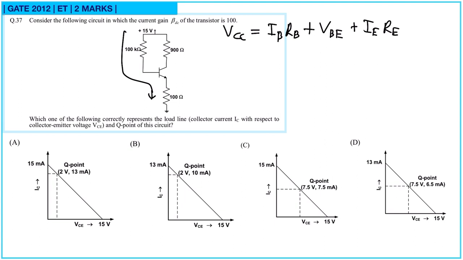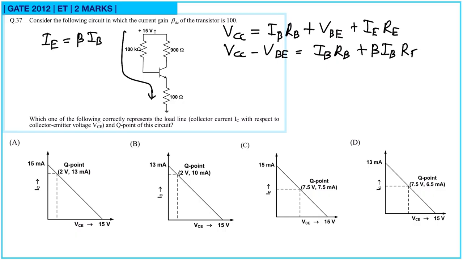And we can write IE is equal to beta into IB. So VCC minus VBE is equal to IB into RB plus beta into IB into RE. So from here IB is equal to VCC minus VBE upon RB plus beta into RE.